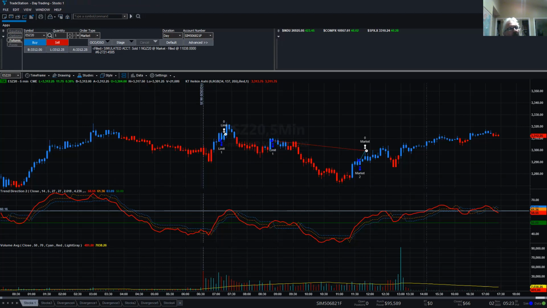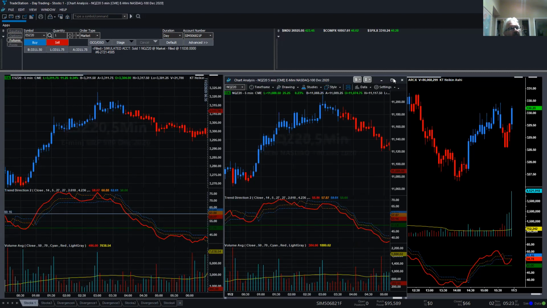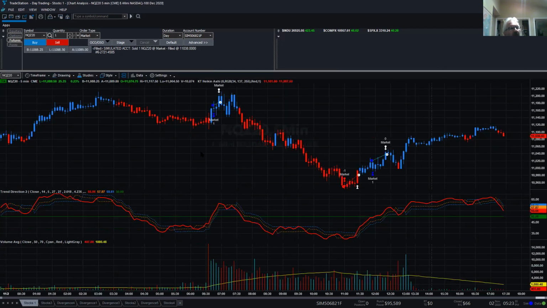Take a look at our, this is the NQ, and actually the NQ had a great trade as well today. Same exact situation as the ES. Came up in the morning, came down here to test the low, which it did right here, tested the low, continued going lower.